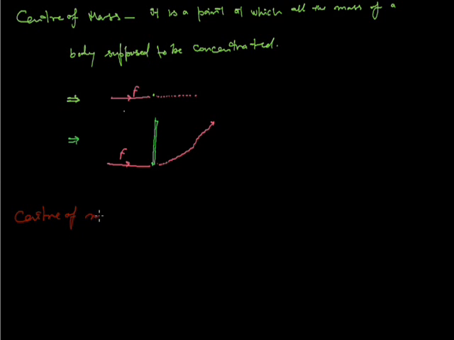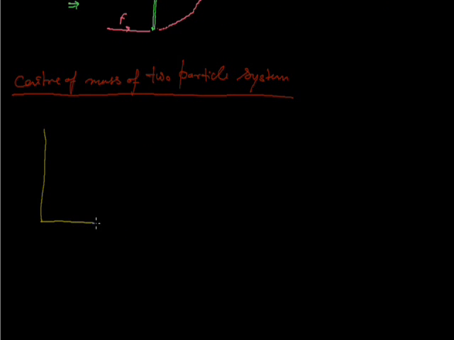Let a system of two particles be placed here, with the x axis and y axis as shown. The first particle has position vector r1 and mass m1.